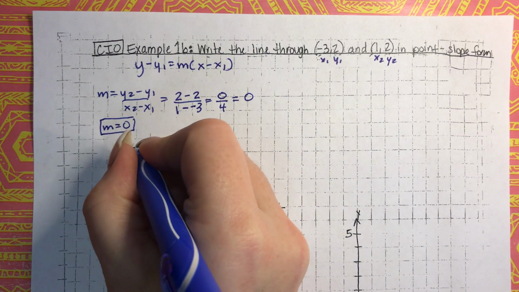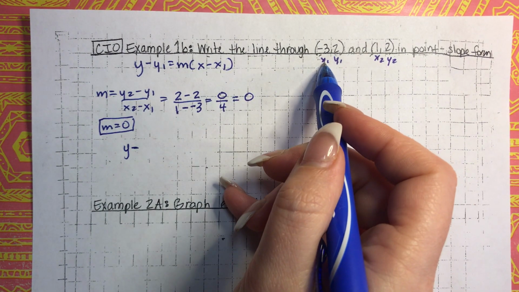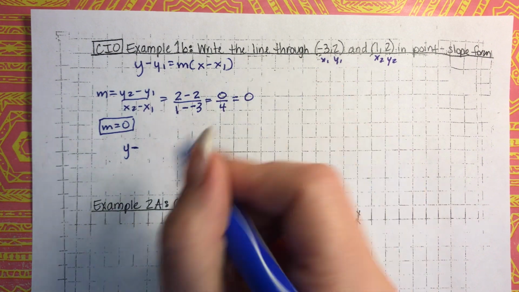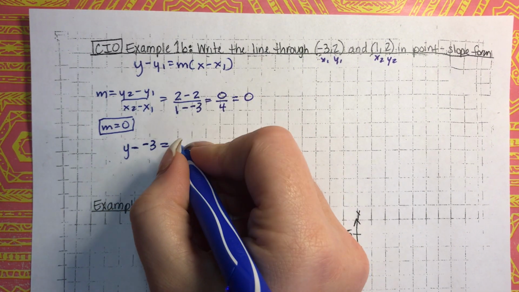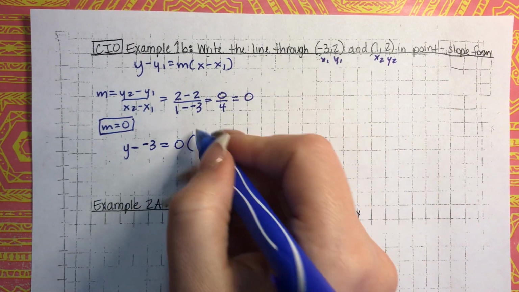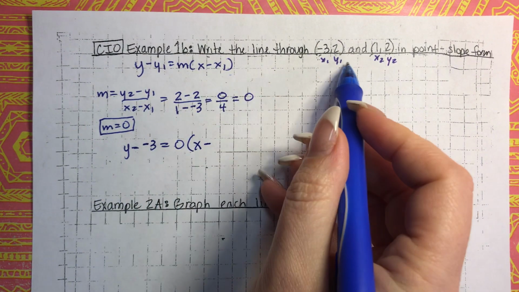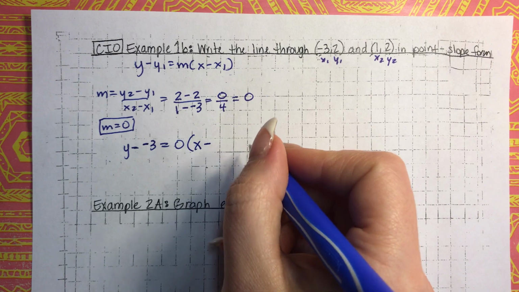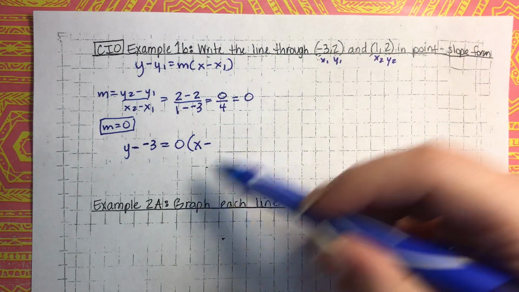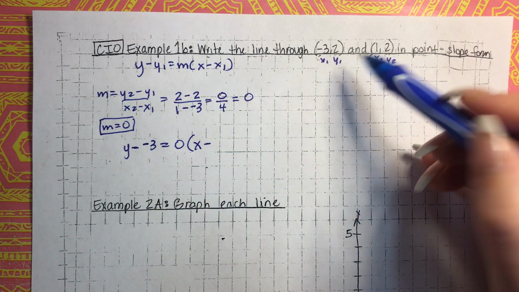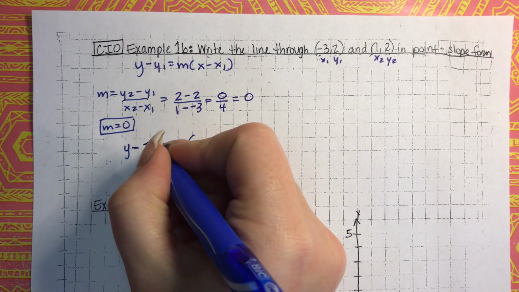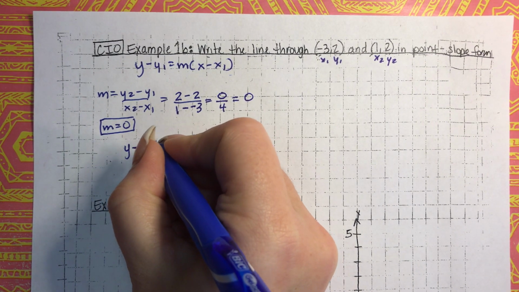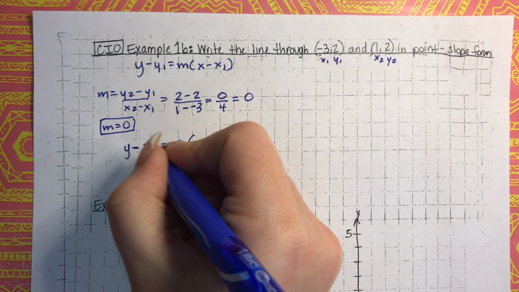So I have y minus y1, which is negative 3, equals 0 times x minus x1. Oh shoot, did I do the wrong one? Yeah, I think I did. y minus y1 is 2. I'm sorry about that. So this needs to be a 2. Does that look like a 2 now?